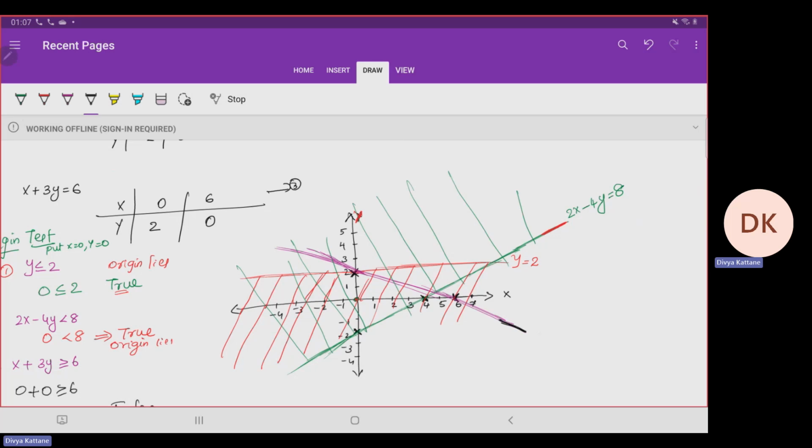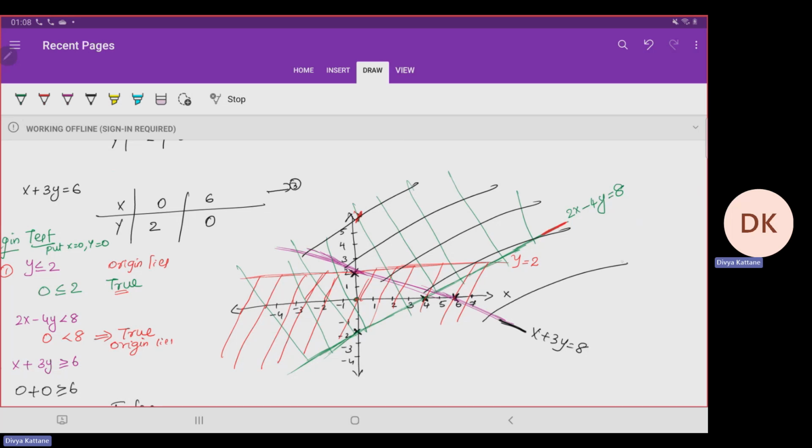This is the line x plus 3y equal to 6. Here the origin should not come, so I cannot take the down points. I can take only the up points.